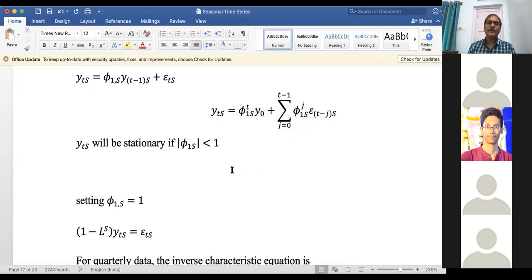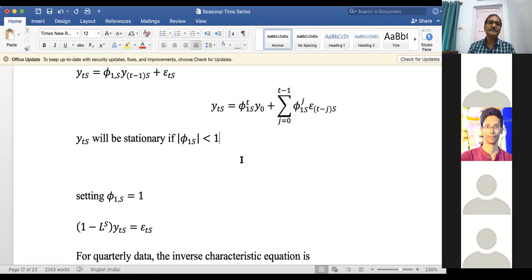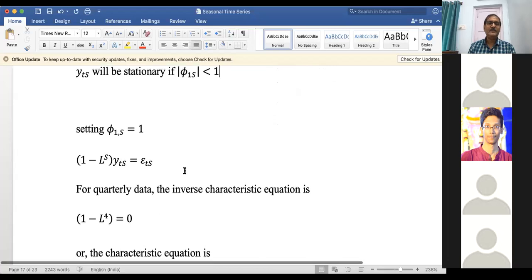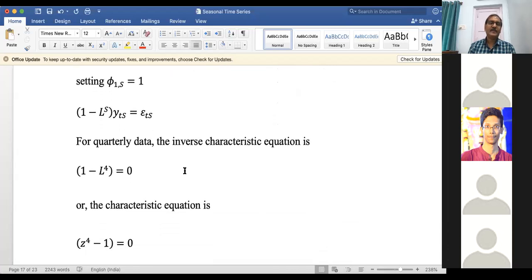Now if we put the value of phi 1s equal to 1 in this expression and introduce the lag operator, then we can express the AR1 series in seasonal frequency S in this form. To understand the implication of this series, we start with the seasonal frequency 4, that is, quarterly data.